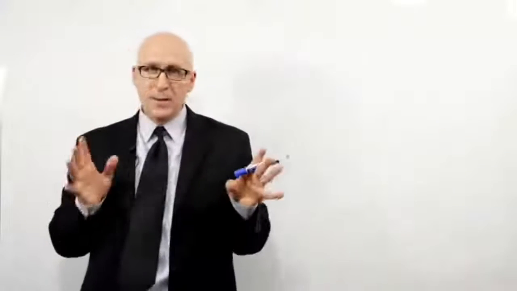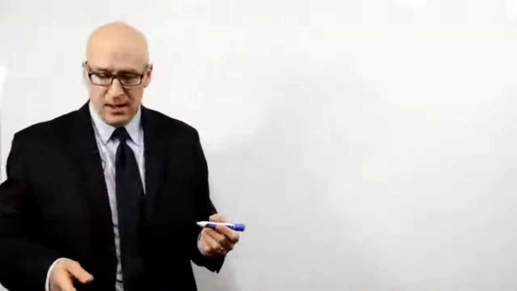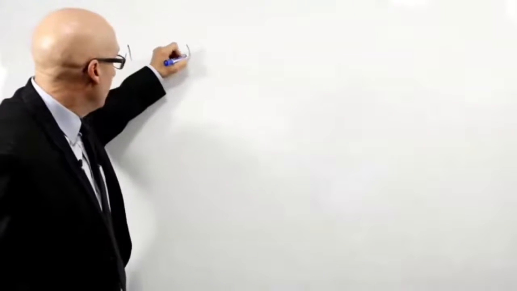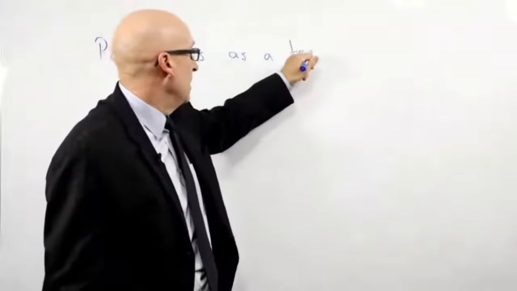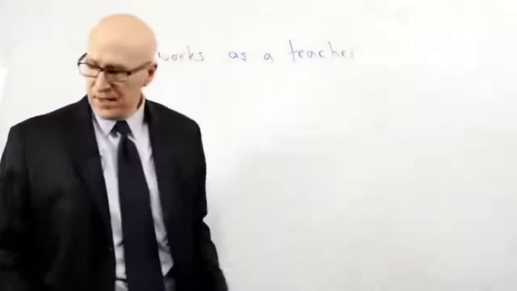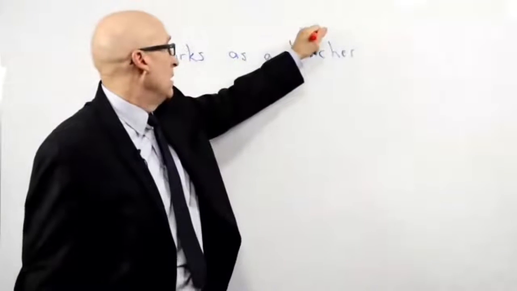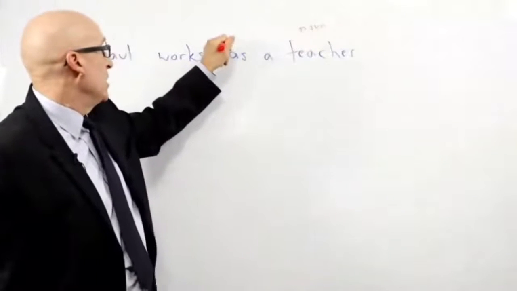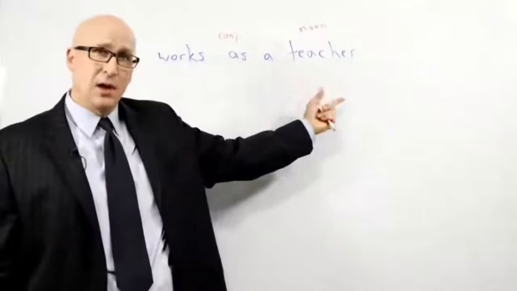Okay. Remember I said that there's a time when you can use as a preposition if it points to the function. Like Paul works as a teacher. And this is sort of a weird exception, right? Because we have a noun here, and then we have this conjunction, which should be followed by a clause, not a single noun.